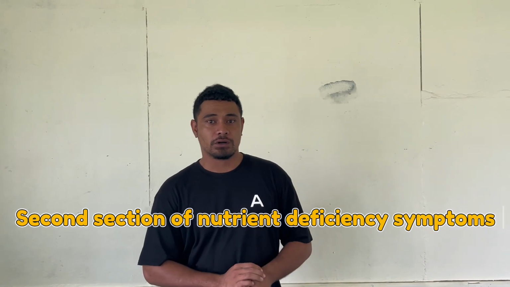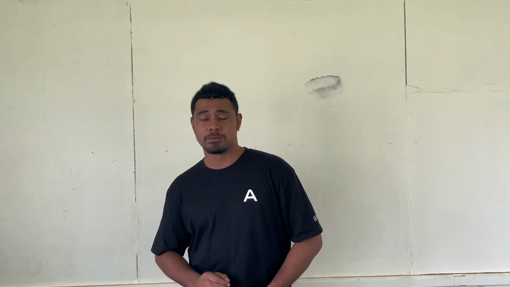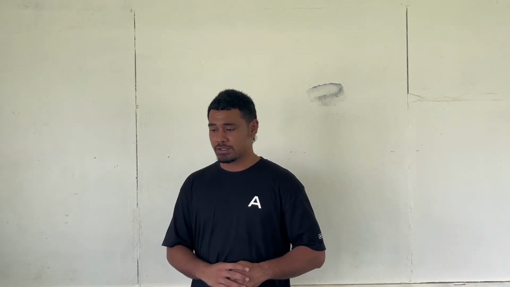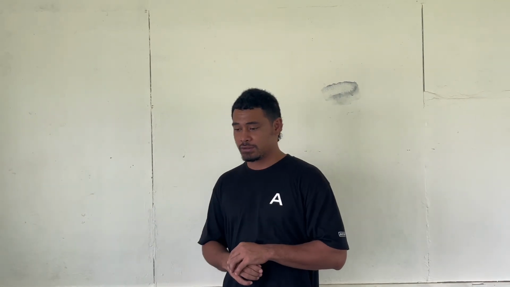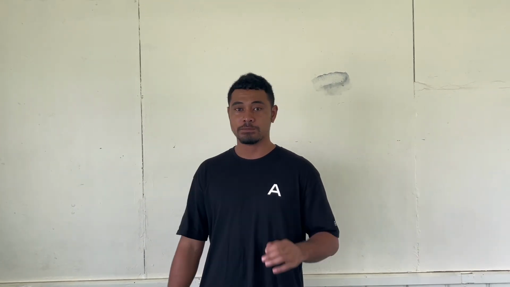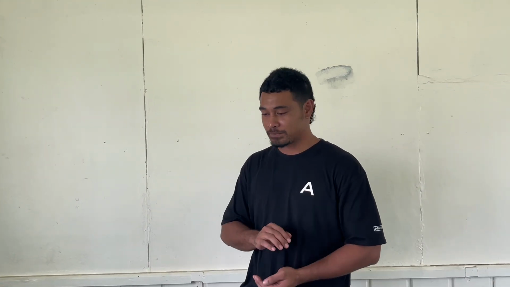To continue on with our presentation, the next nutrient deficiency that I'm going to present is sulfur. The role of sulfur is a key component of amino acids and proteins, it supports chlorophyll production, aids in enzyme function, and helps improve disease resistance.